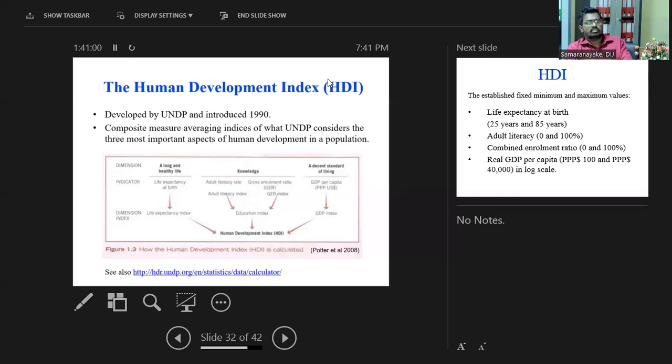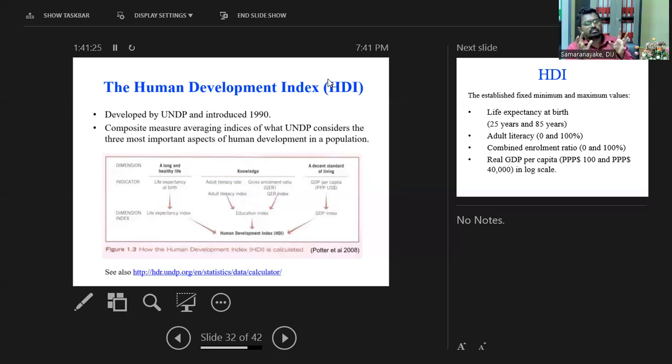And then for knowledge, they finally develop an education index using these two, the adult literacy index and the GER index. And then they have the GDP index for GDP per capita. Using these three dimension indexes together, finally they develop the Human Development Index.